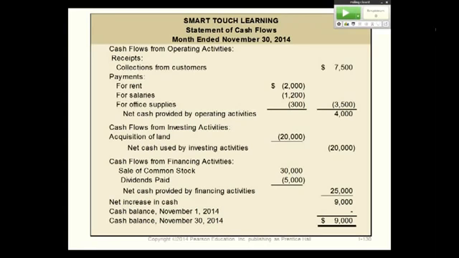That's where you got the cash outflow for cash paid for rent and cash paid for salaries. So if we go back to the statement itself, those are the next two cash flows. The next one is not quite so simple. It's the office supplies. And in this one, you'll find that the company bought office supplies on account.